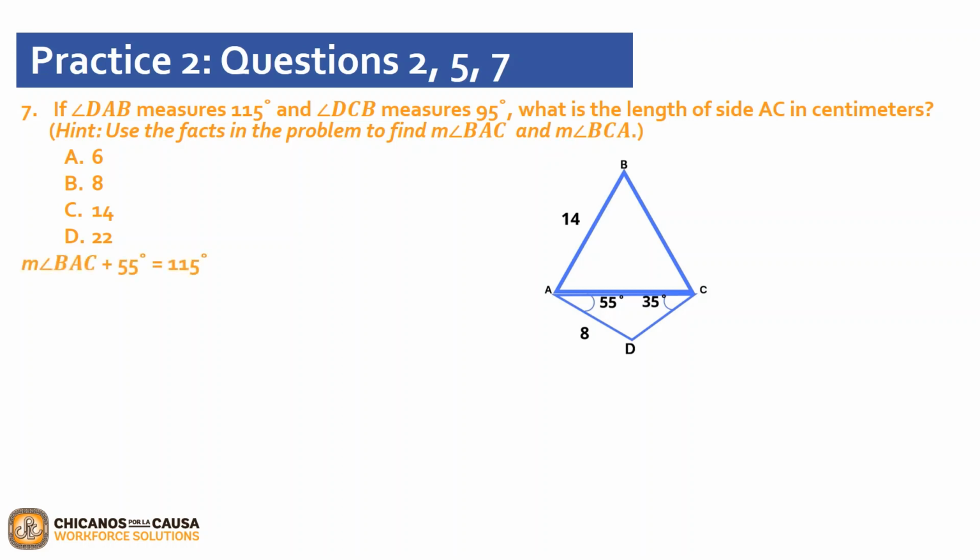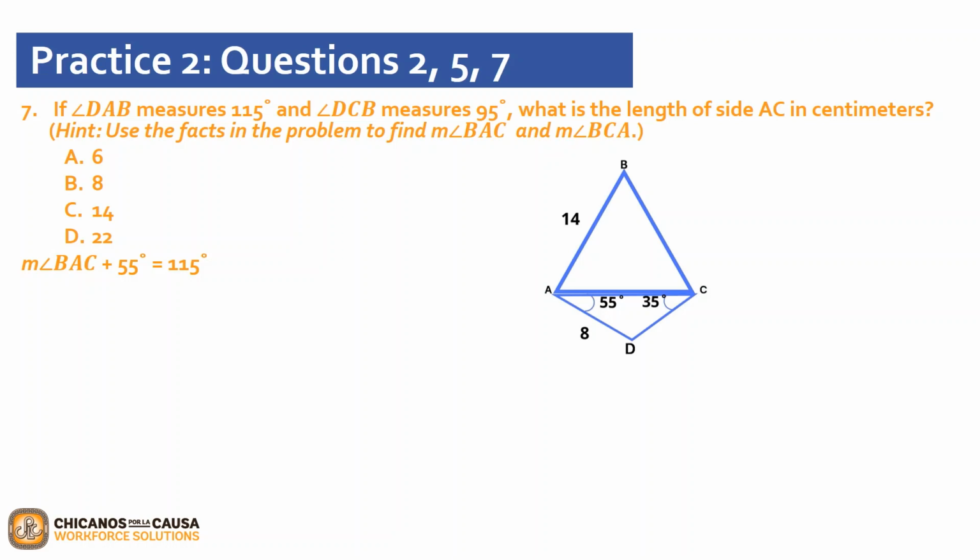So we know that the measurement of angle BAC plus the 55 degrees gives us a total of 115 degrees. So how do we know that? If you look back at our question, you can see that angle DAB is 115. So we have to combine 55 degrees plus whatever angle is BAC.